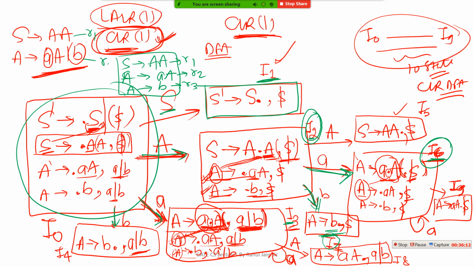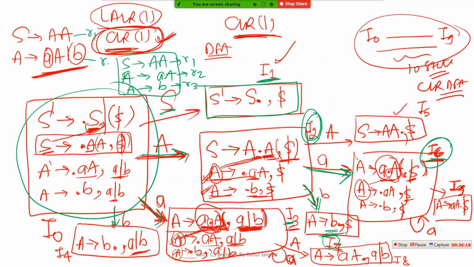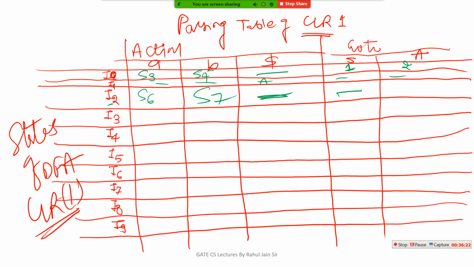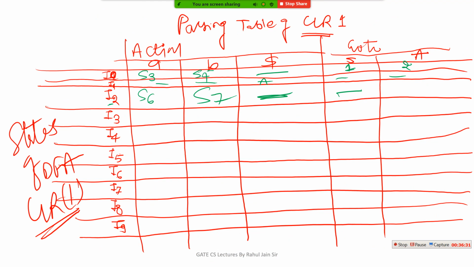I don't have any transition on dollar, so I will leave it blank. On capital S from I2, I don't have anything, so I will leave it blank again. And from I2 on capital A, I am moving to I5, so I will write 5 here. It is the entry of I2.